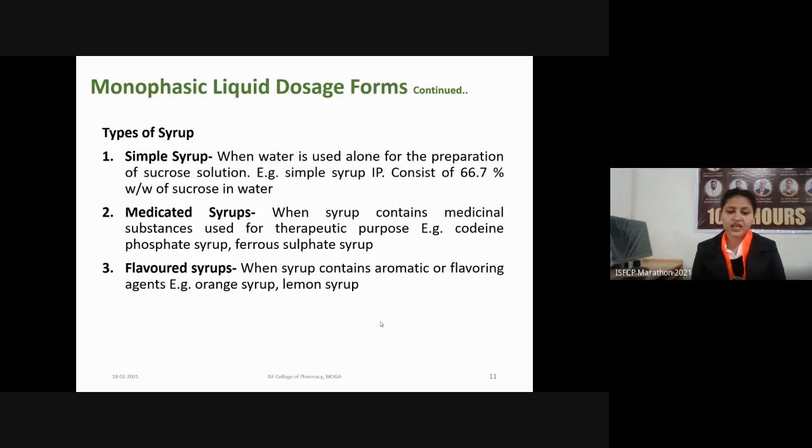These are excellent vehicles for those medicaments which have a bitter taste and foul odors. We can use these flavored syrups as a vehicle for medicated syrups. Examples of flavored syrup are orange syrup and lemon syrup, in which the flavors used are orange and lemon.